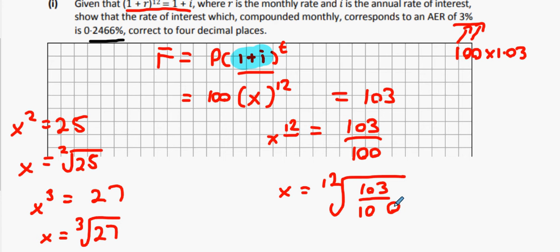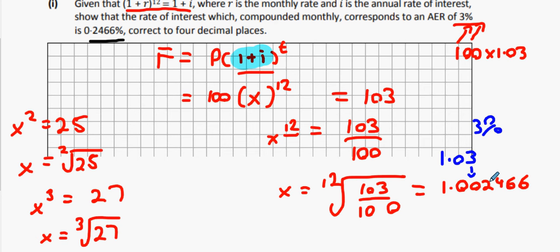Okay? And when you do that, you should get an answer of 1.00246. Okay? Now think about this earlier. If the answer was 1.03, what would the answer be? 3%.